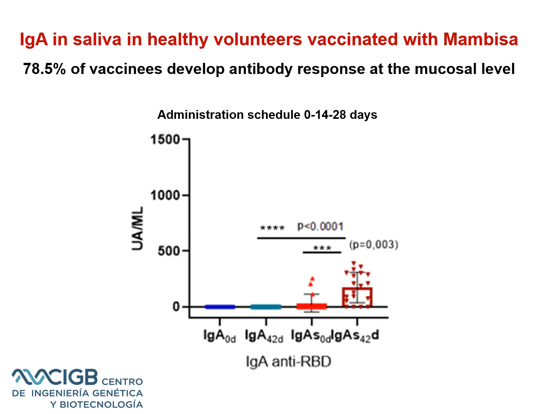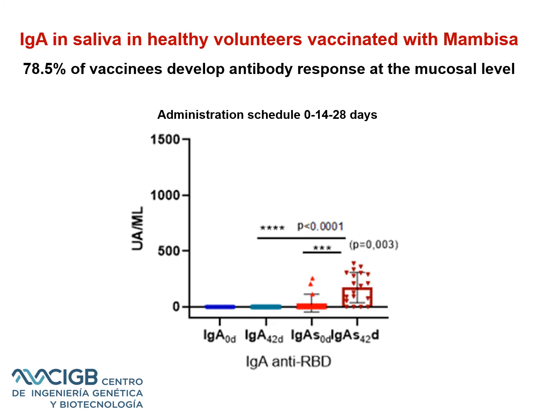This was a phase 1 clinical trial that we conducted in healthy volunteers. We were comparing several different arms, in a randomized double-blind clinical trial, but what we show here is the group that received 3 vaccine administrations 2 weeks apart, at 0, 14, and 28 days, only with the nasal vaccine candidate.